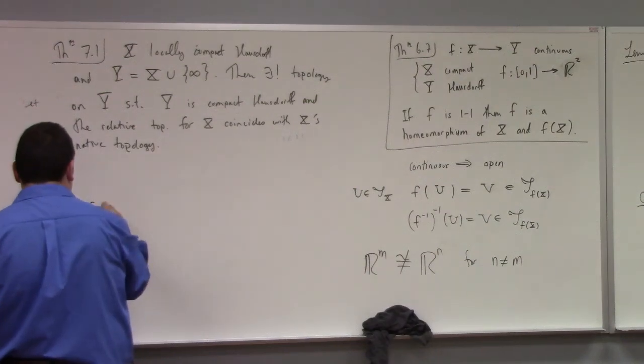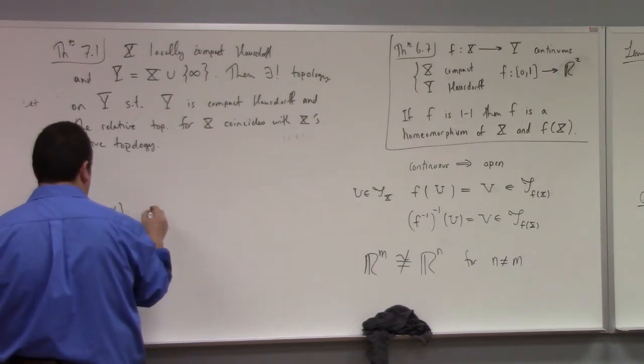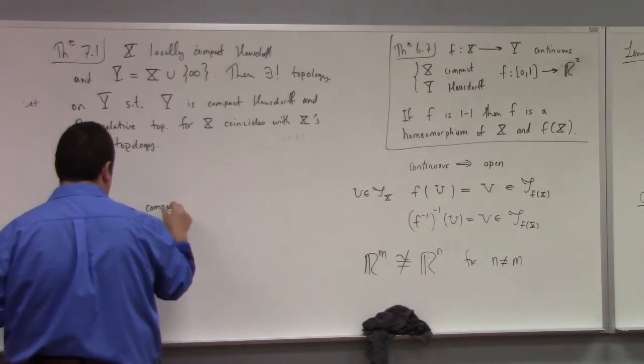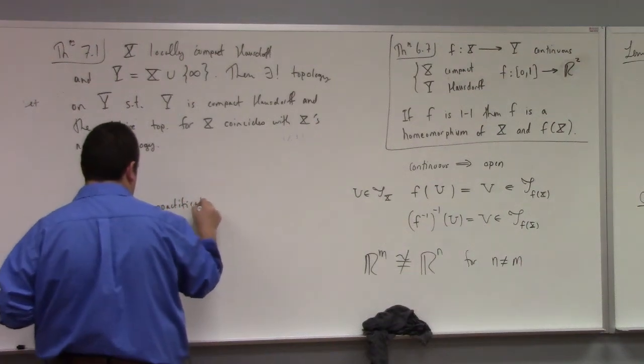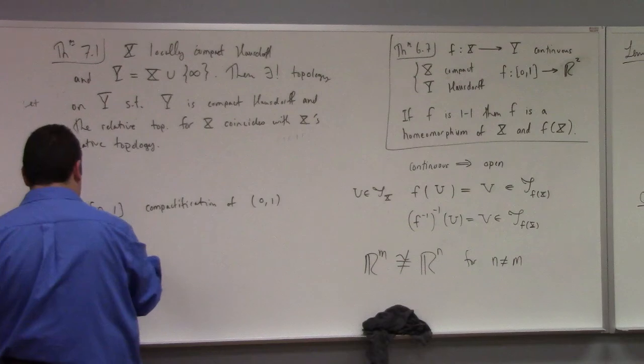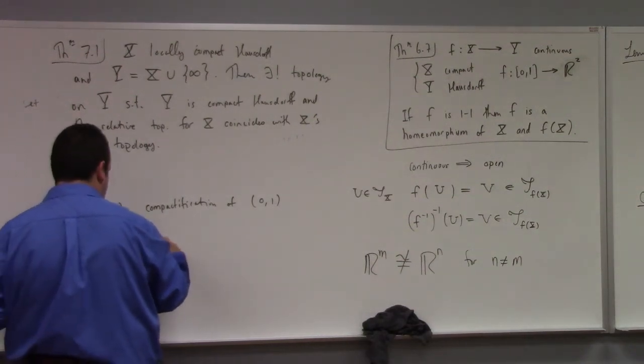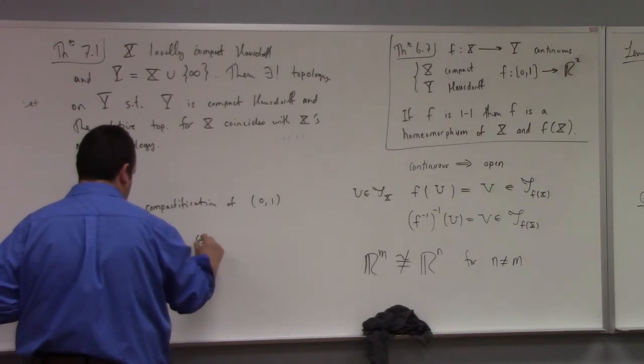So the closed interval 0 to 1 is a compactification of the open interval 0 to 1, but the circle is also a compactification.